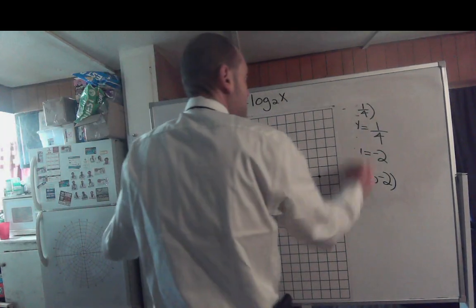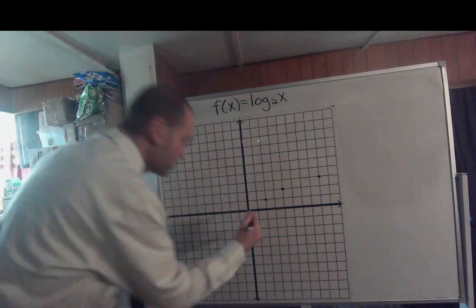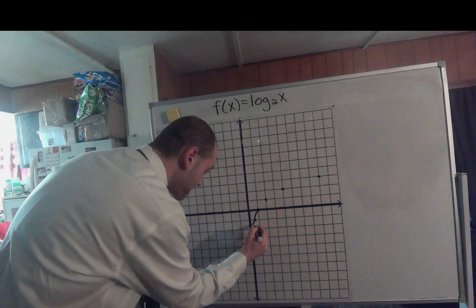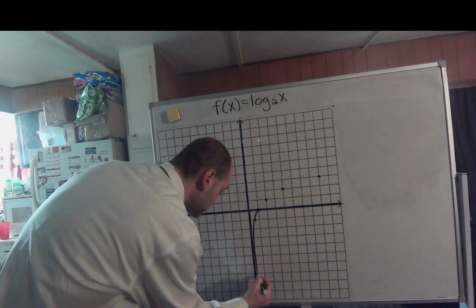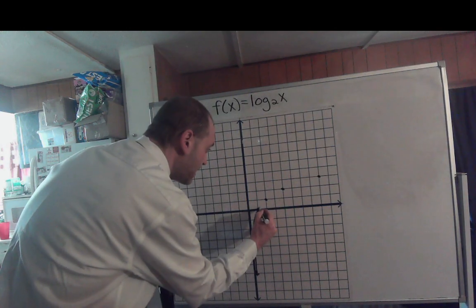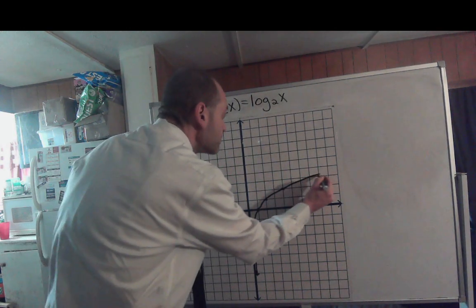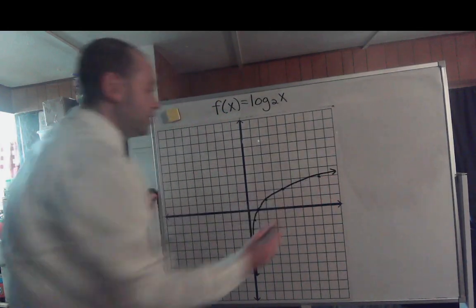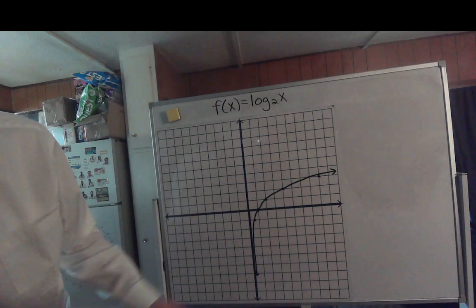So let's go ahead and graph this and show you what a typical logarithmic function looks like. Looks about like that. And there you go. There's your typical logarithmic function.